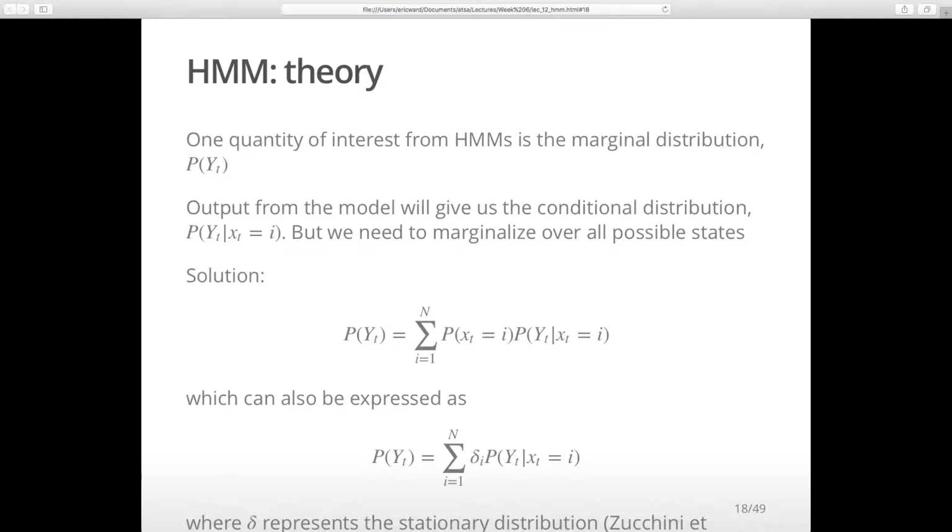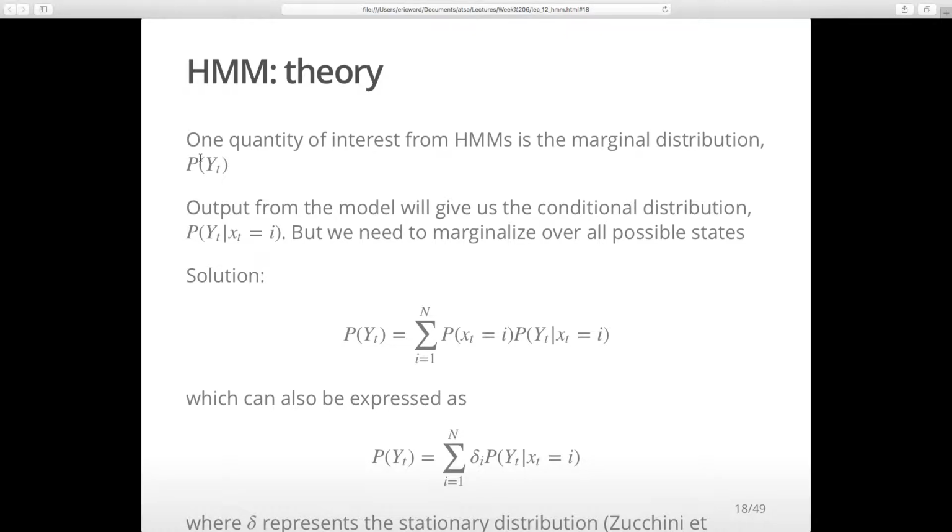So one thing we might be interested in getting out of HMMs also is what is known as the marginal distribution, which is the probability of our data. But to do that, what the model really gives us is what's known as the conditional distribution, which is the probability of observing the data, this y sub t, given that we're in each of the states, but we're probably more interested in the probability of the data itself.